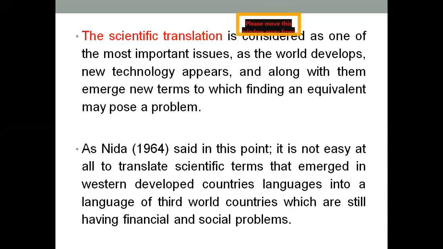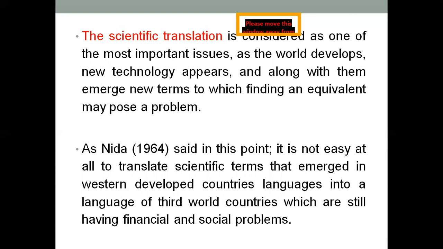Also, scientific translation is considered one of the most difficult types of translation. Why? As I said before, because this type of translation deals with new vocabulary, new inventions, new technical and technological terms, which do not have equivalent terms in the target language because they are originally new in their source language.